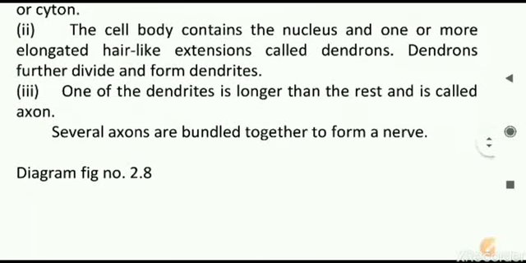In this answer of the neuron, you have to draw the figure number 2.8, that is the structure of a neuron. Along with this answer, the diagram should be there.